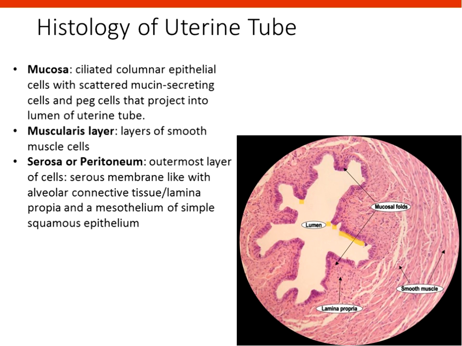Okay. The muscularis layer out here behind the lamina propria is going to be smooth muscle that can beat and cause peristalsis to help, again, move lumen contents towards the uterus. The outermost layer is a serosa or a peritoneum. It's a serous membrane, so there's going to be some epithelial, serous, simple squamous mesothelium that will make fluid to keep the outside of the uterine tube somewhat moist and located where it is.